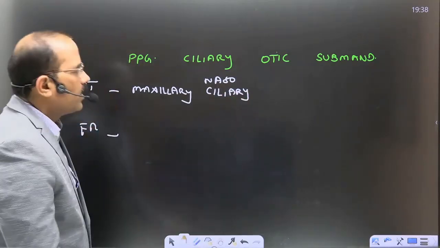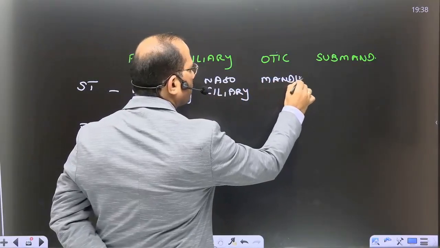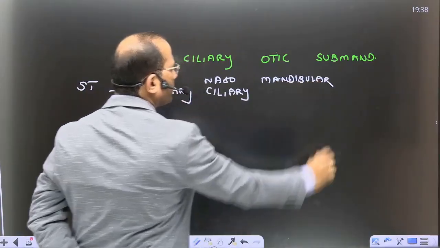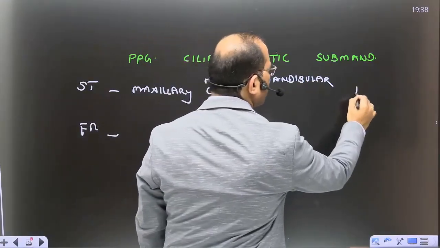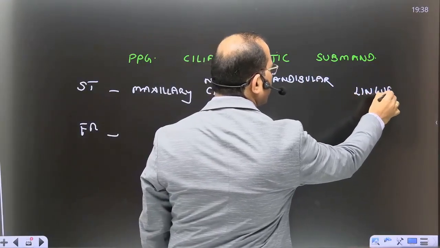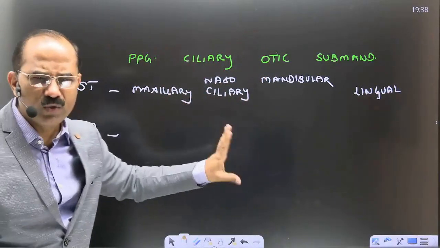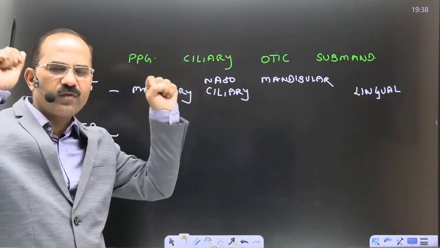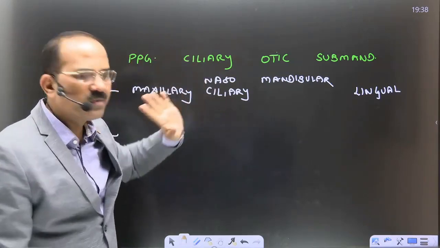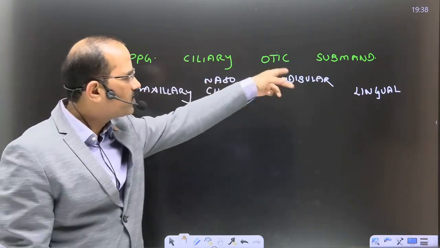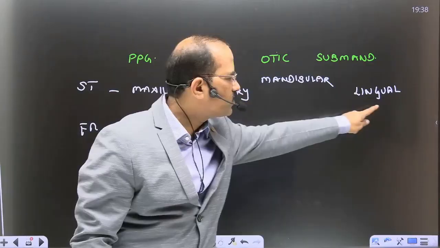The otic ganglion is hanging from mandibular nerve, and the submandibular ganglion is related to lingual nerve. Okay, so you understand. I'll show you this. Pterygopalatine ganglion is hanging from which nerve? Maxillary nerve. Ciliary ganglion is hanging from nasociliary nerve, otic from mandibular, and submandibular from lingual. What is common in all this? Students, what is common in all this?